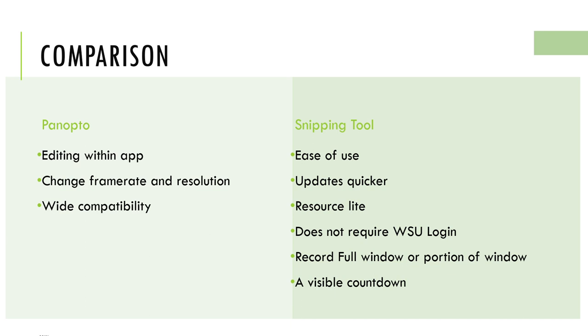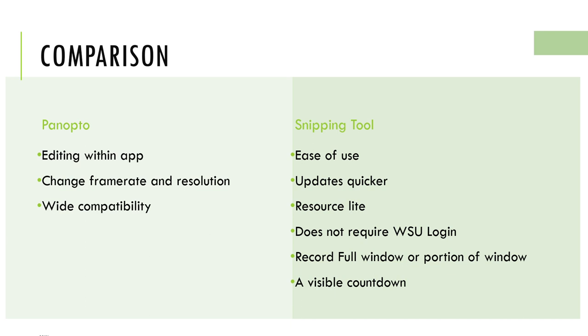Another thing you can do is you can change the frame rate and the resolution. But this is only kind of helpful because I know for myself, whenever I do a video on Panopto, it's basically just PowerPoints or other types of presentations. Maybe I'm showing people how to use SPSS or some kind of software. And really, the frame rate doesn't matter, and the resolution doesn't really matter.